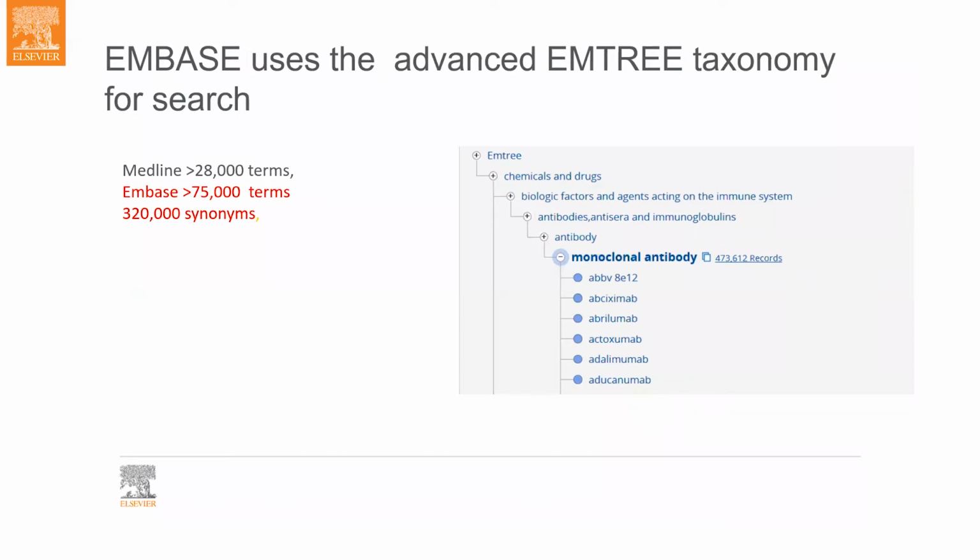Using this tool, you can make a very general search, for example, monoclonal antibodies, or type an exact drug, exact therapy, or exact disease, and make a very specific search.